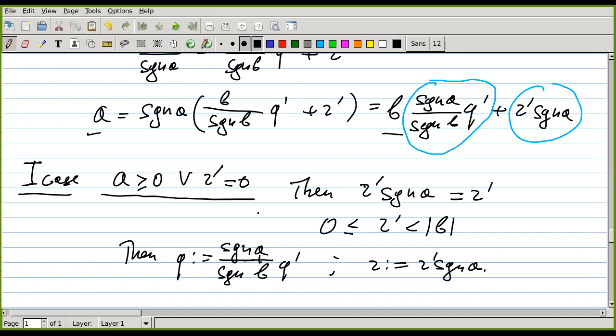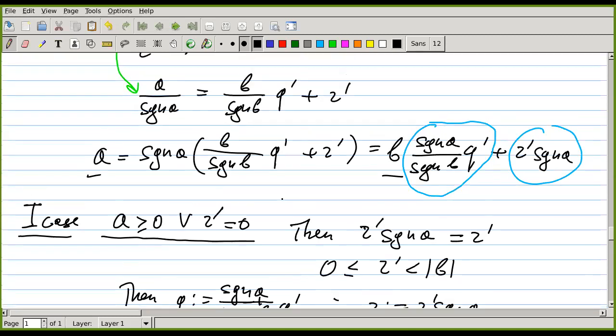But if, for example, we take this sign A out of the brackets, then in the brackets we have B multiplied by the fraction 1 divided by sign B, multiplied by Q prime, and then plus R prime. So if we have the sign A out of the brackets, then we can multiply it and it will be the same. I just don't see the difference and the problem.